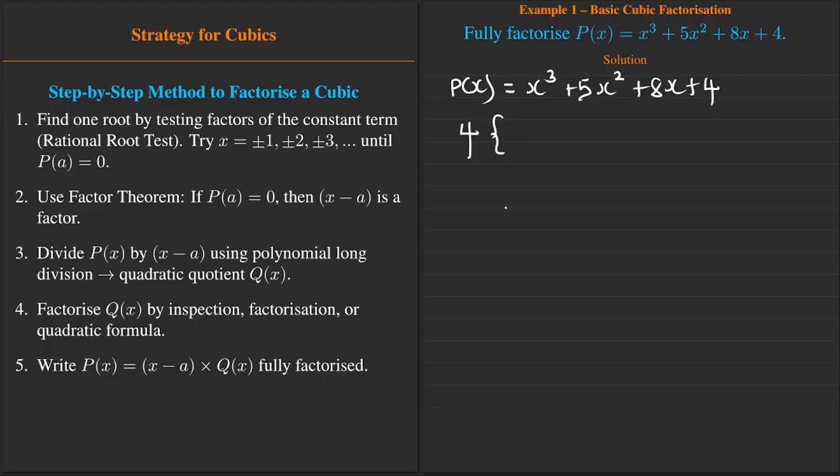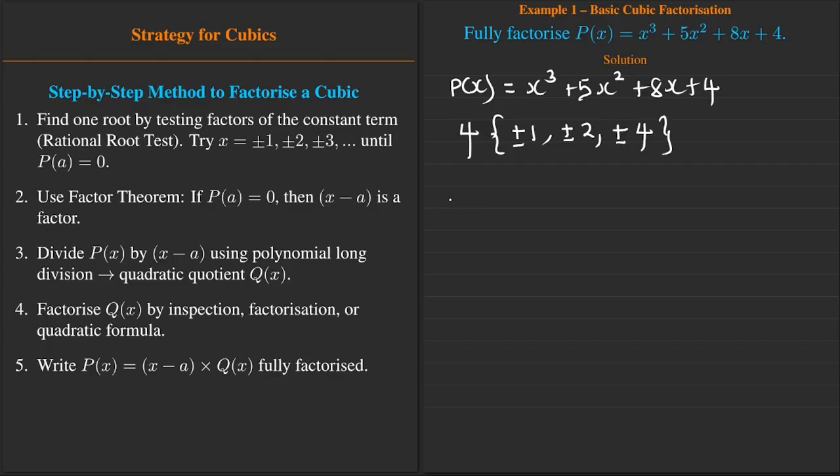If they don't work, then you proceed with the rest. But for now, our factors of 4 are positive and negative 1, positive and negative 2, positive and negative 4 as well. So let's try with the smallest one.